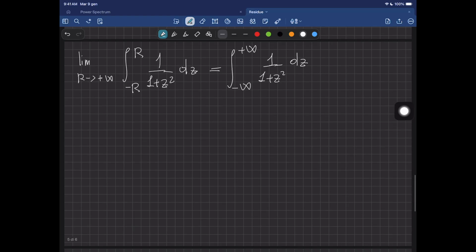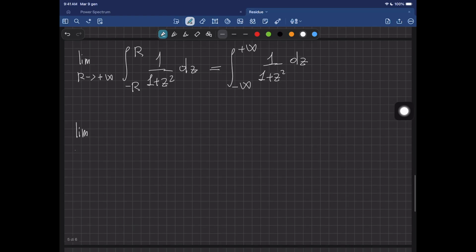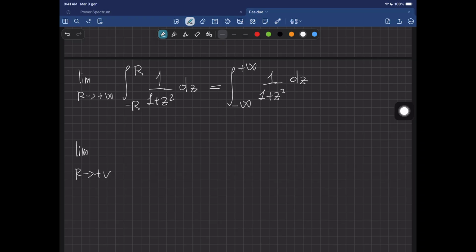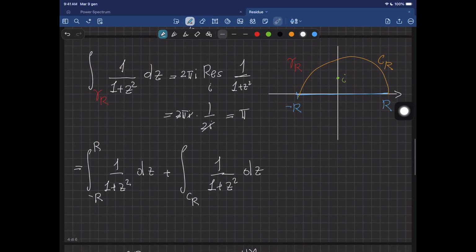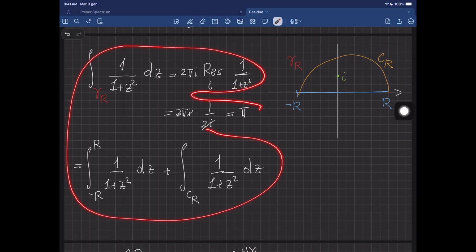I want to compute the limit as R goes to plus infinity of the integral between negative R and R of 1 over 1 plus z squared dz plus the integral over C_R of 1 over 1 plus z squared dz. And from the residue calculation I know this is equal to the limit as R goes to plus infinity of pi. This is basically rewriting all this chain of equalities.